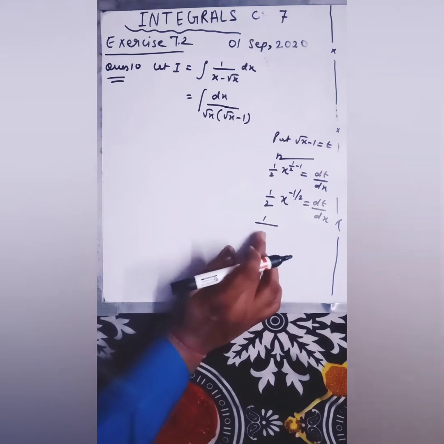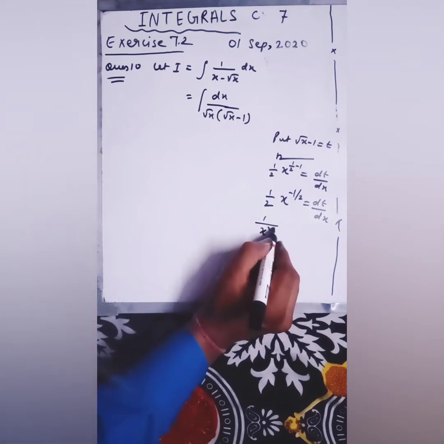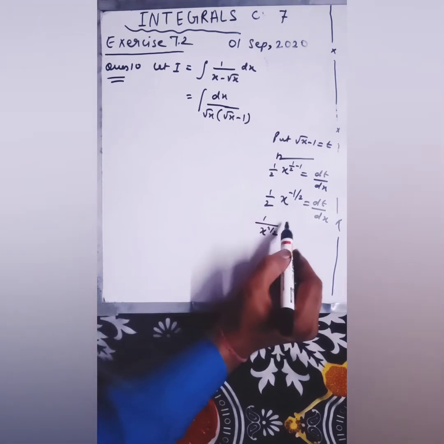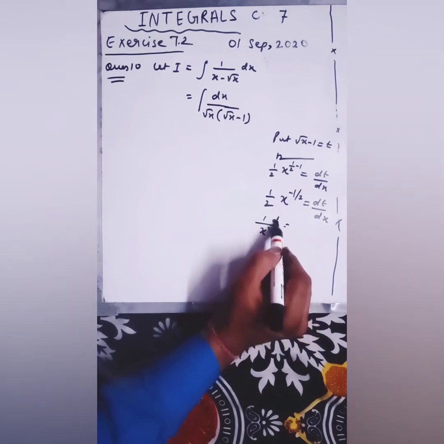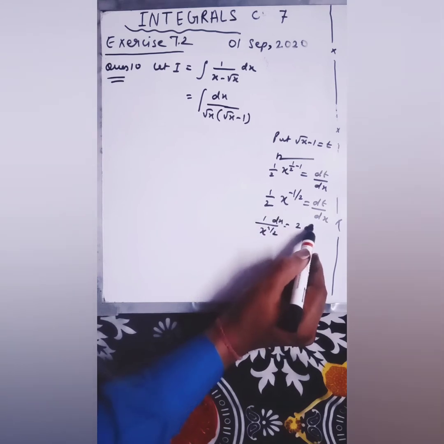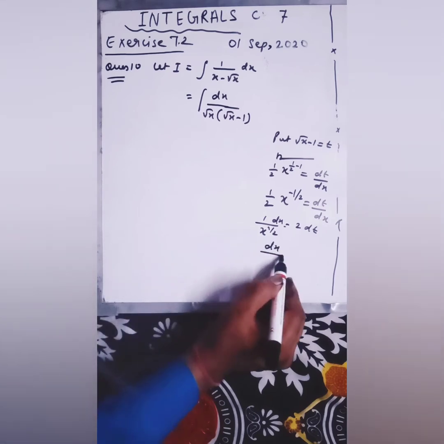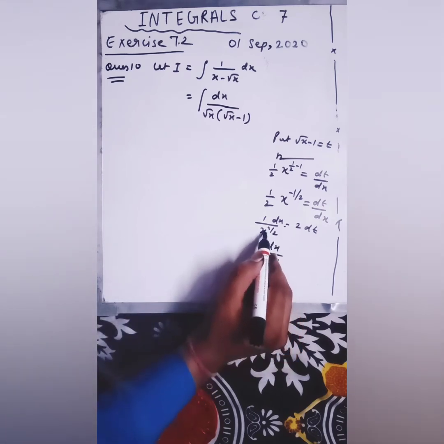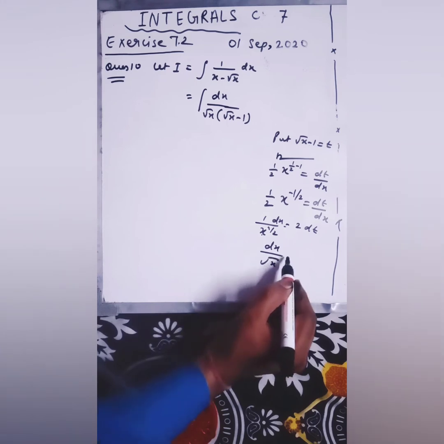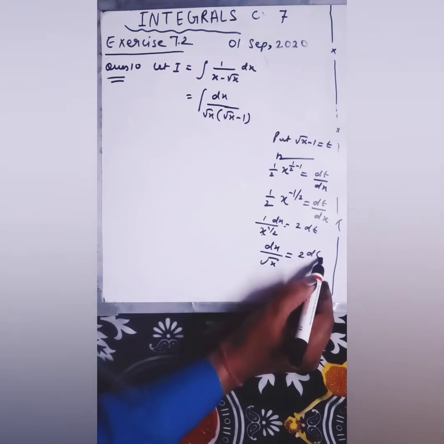I'm writing x raised to power 1 by 2, so this 2 I'm shifting to this side and bringing this dx to this side. So you can write 2 dt, and this can be written as dx over root x, because x raised to power 1 by 2 can be written as root x. That is equal to 2 into dt.